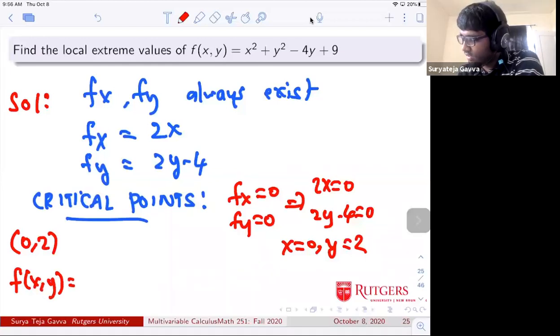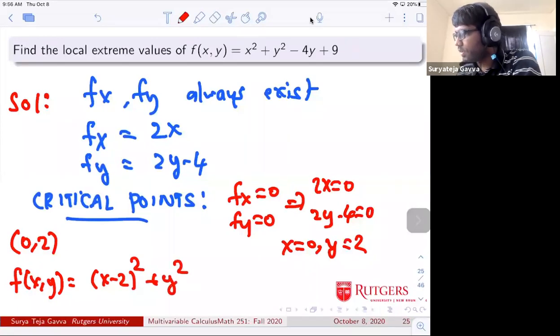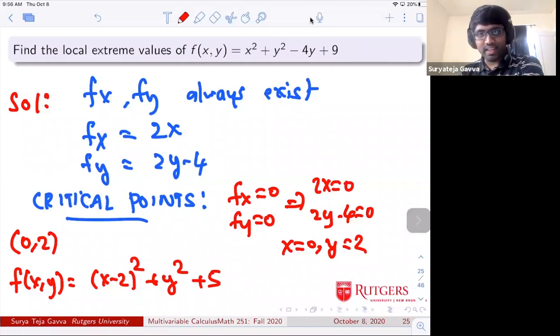f of x, y, I can write, can you notice that this is x minus 2 whole squared plus y squared plus 5? I can rewrite it, so you can try to see how the function looks around the point (0, 2).